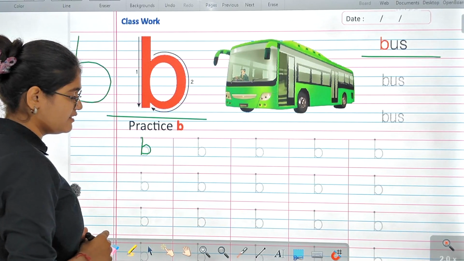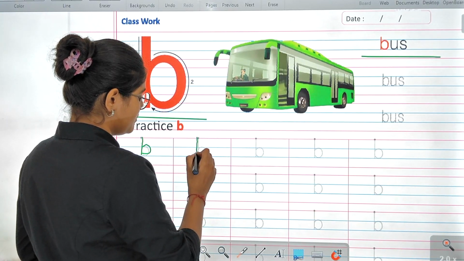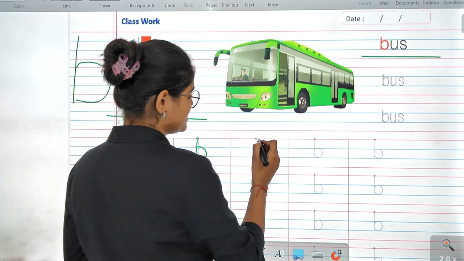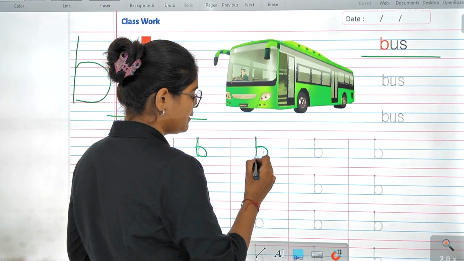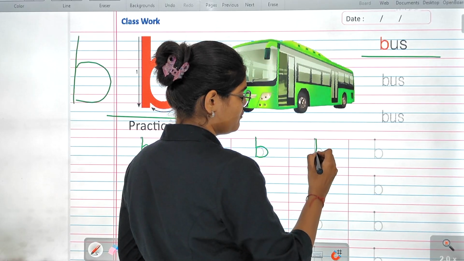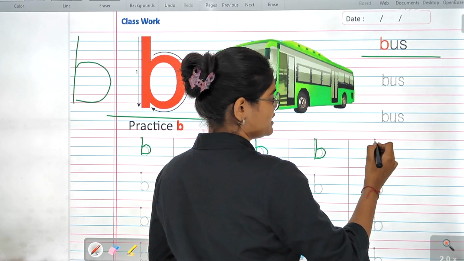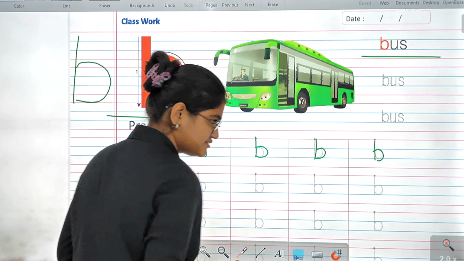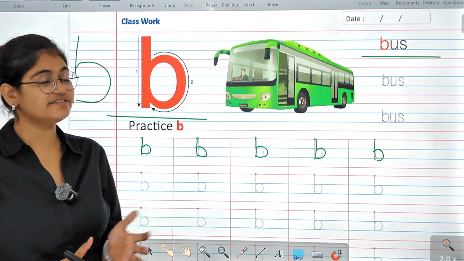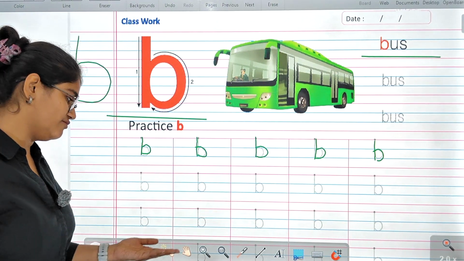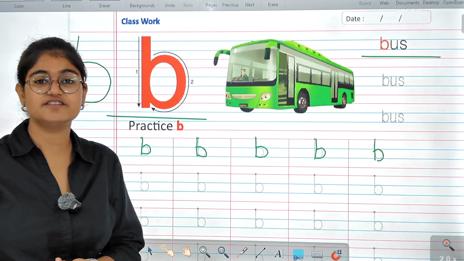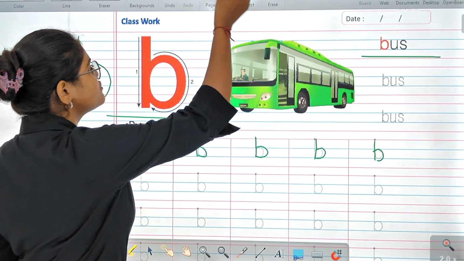Standing line and a curve, B. B for bus. B for bus. So this is how we can easily make B, and you have been given some more lines to practice. After that, let's move ahead.